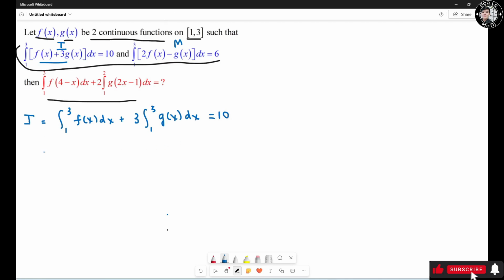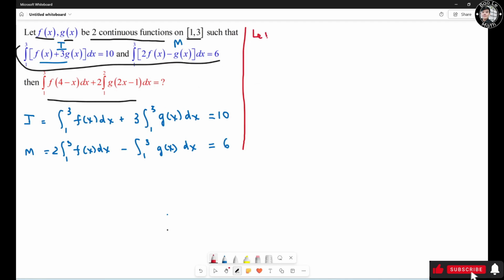Now I have M is going to be the integral from 1 to 3 of f of s ds, and I put 2 in the front, minus the integral from 1 to 3 of g of s ds equals 6, right?